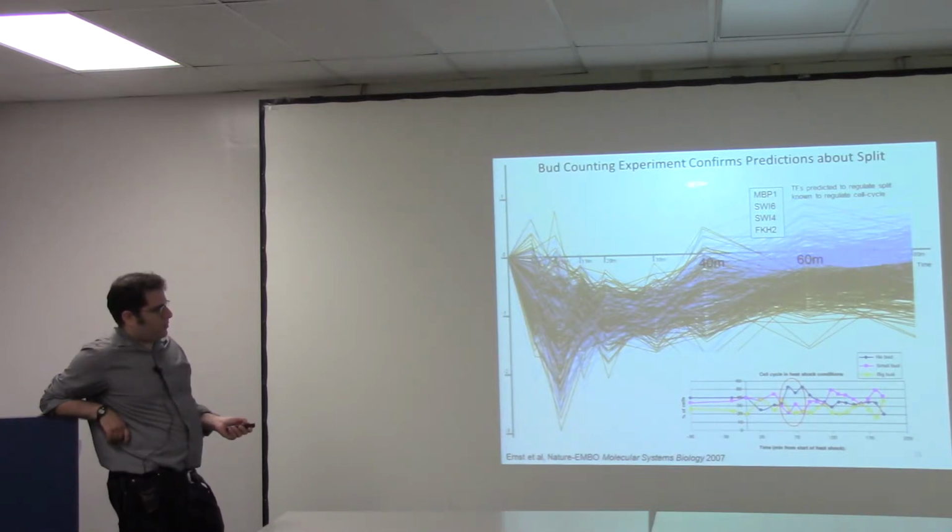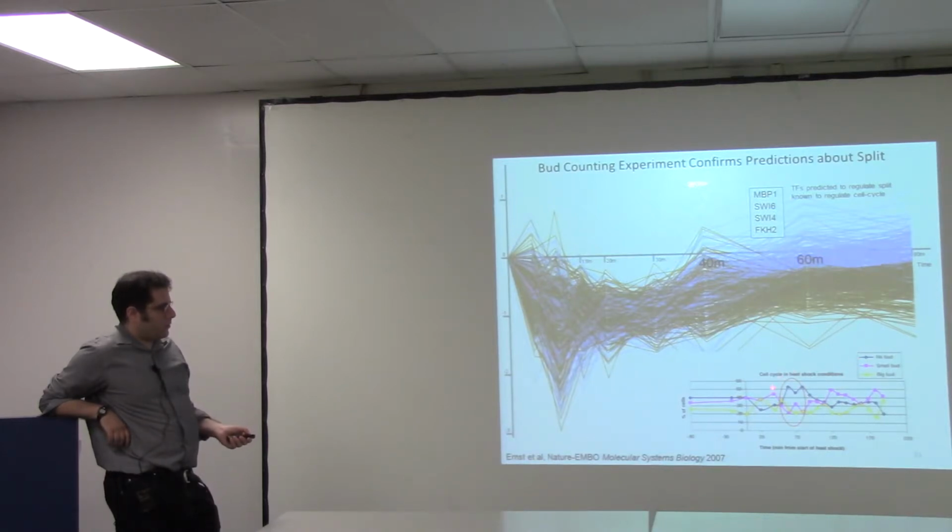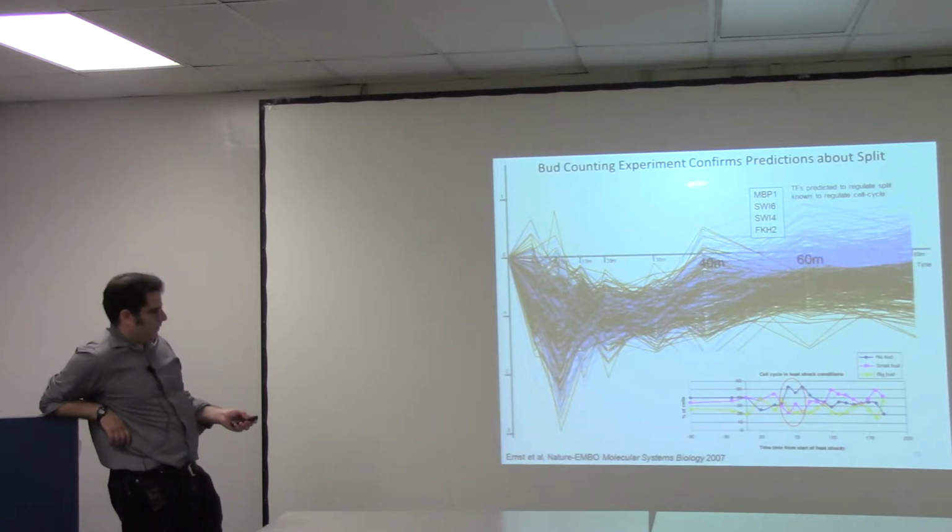So we were able to make a testable biological prediction about the state of the cell cycle in yeast in terms of a bud counting experiment. And what we saw was a spike in the percentage of cells that were in this no bud class occurring around 60 minutes, which lined up quite well with this here. So our collaborators made an experimental validation and some computational predictions came out here.